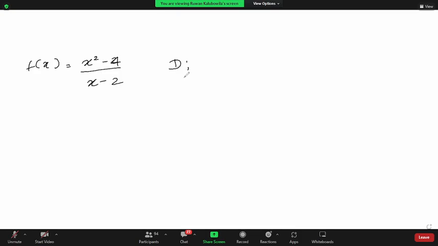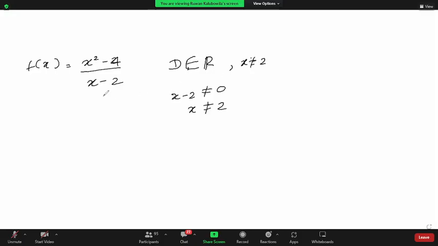So what do we do? x minus 2 not equal to zero, that means x not equal to 2. So 2 is a critical point of that function, so we have to remove the number 2 from the real numbers. So the domain is the real numbers, but without x equal to 2.